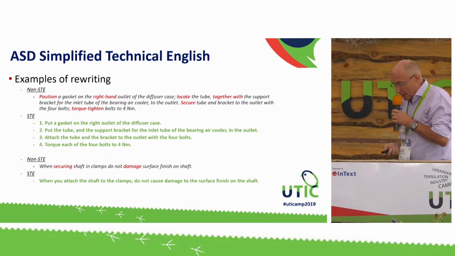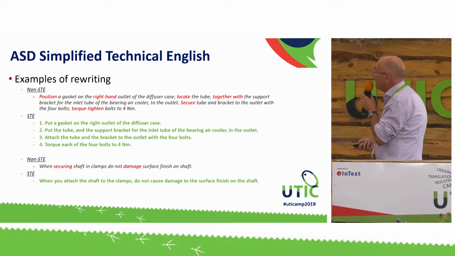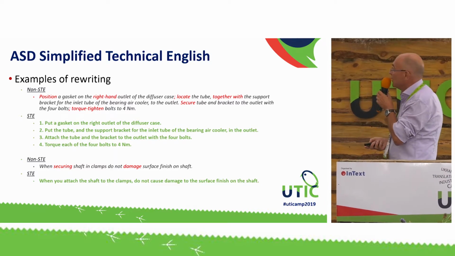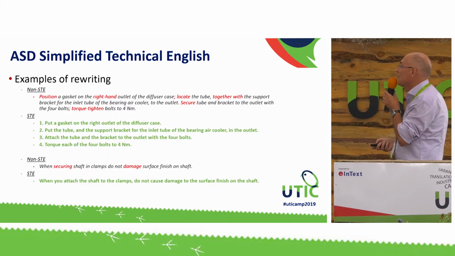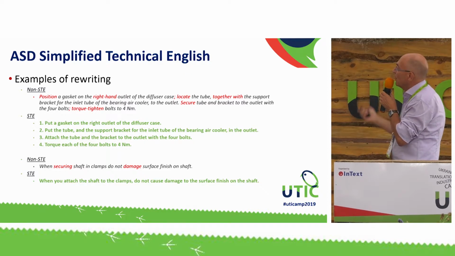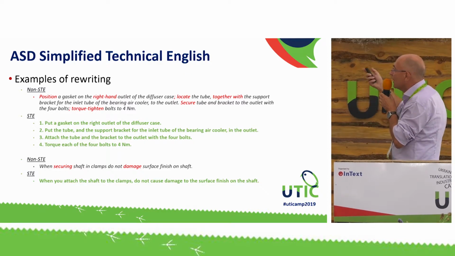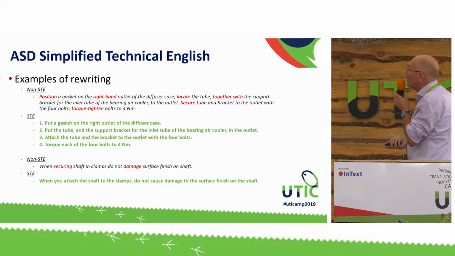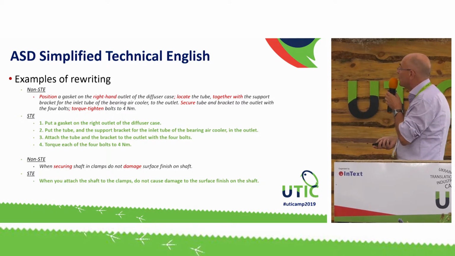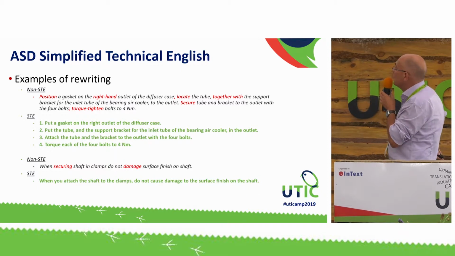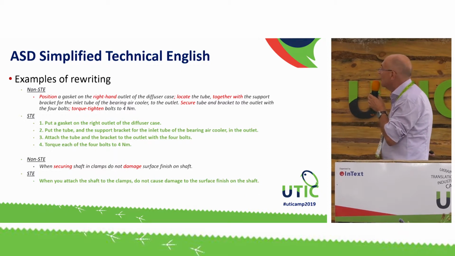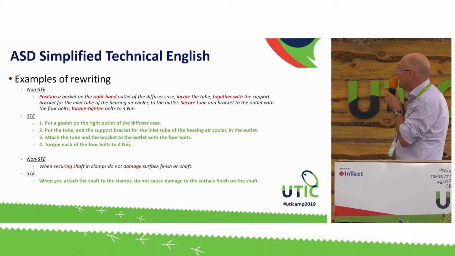Here there are some examples of rewriting. You can see the first is a non-STE sentence, in which we say: position a gasket on the right-hand outlet of the diffuser case, locate the tube together with the support bracket for the inlet tube of the bearing air cooler to the outlet.